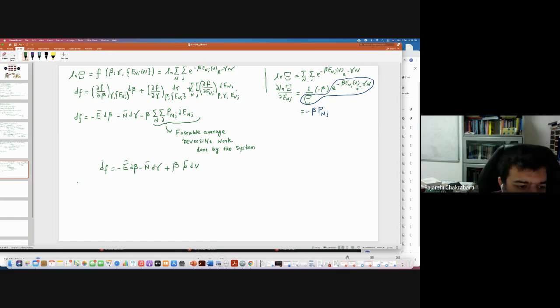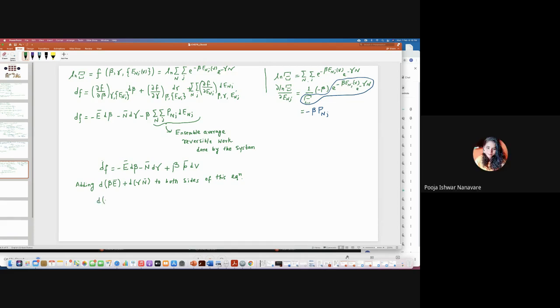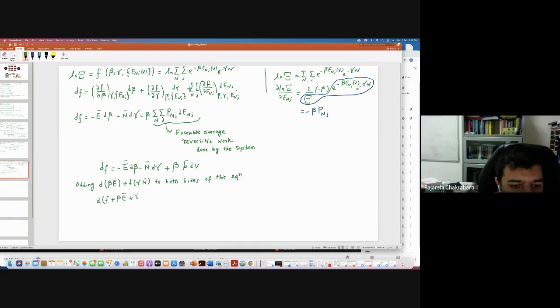Now adding to both sides, what am I going to get? What I have here is d of f plus beta E bar plus gamma n bar.